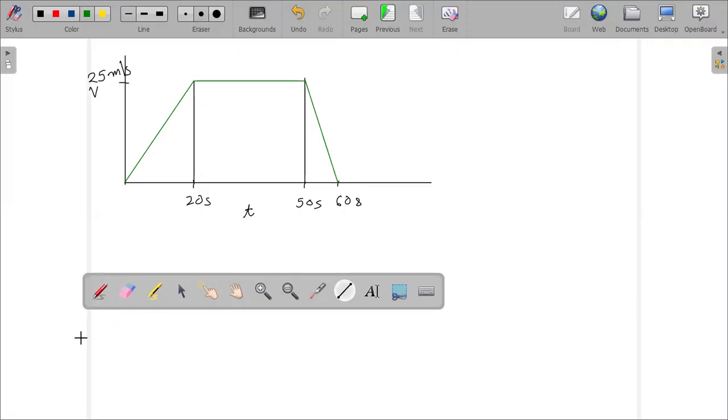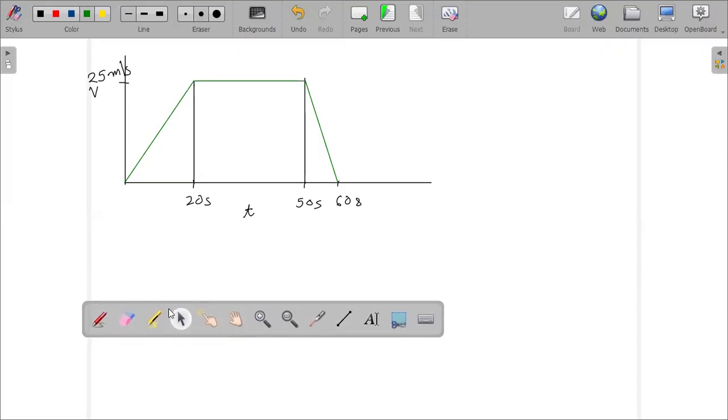Since this is a velocity time graph, to find out the distance, we can find out the area under the graph. Sir, we can split this into two triangles and one rectangle.